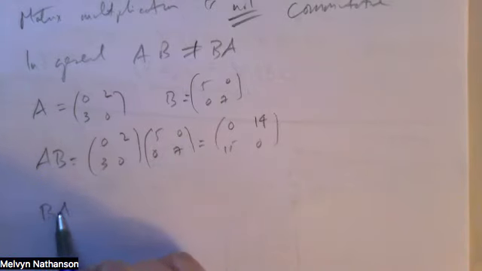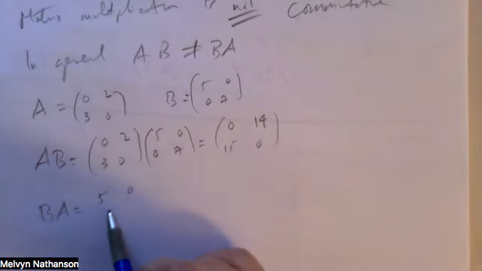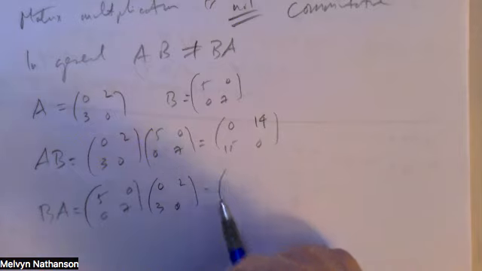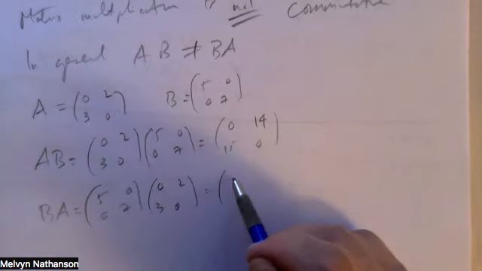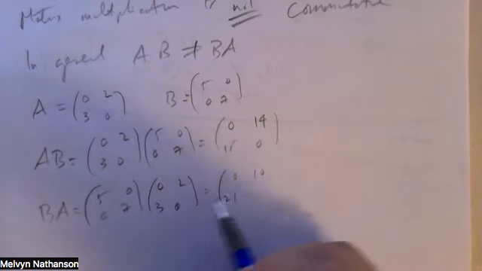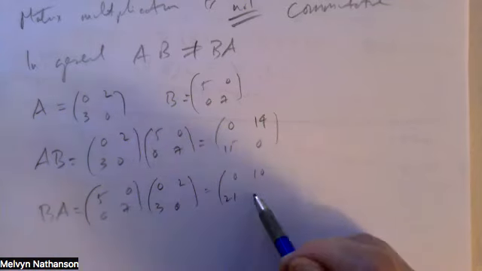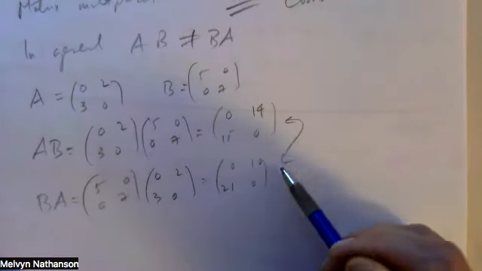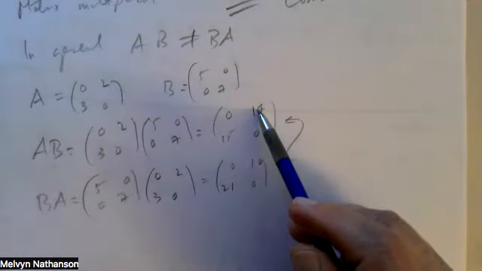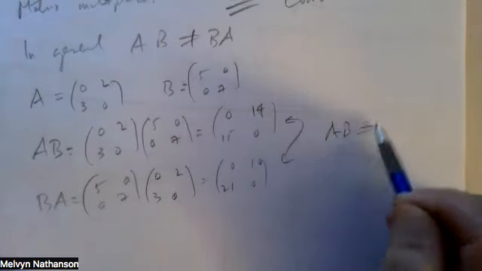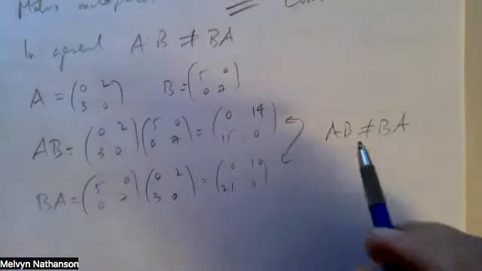When I multiply in the opposite order, 5, 0, 0, 7 times 0, 2, 3, 0, I get 0 plus 0, 10 plus 0, 0 plus 21, 0 plus 0. If you look at these two matrices, they're different. Here there's a 14, here there's a 10, here there's a 15, here there's a 21. So AB is different from BA.